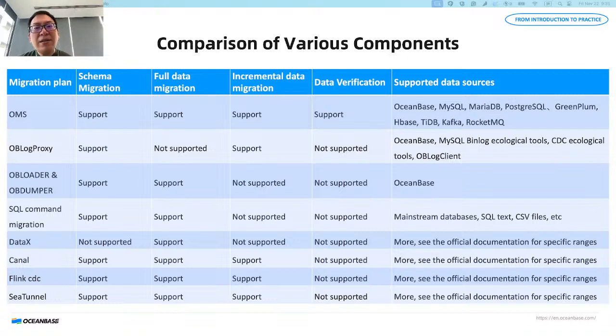We first recommend OMS for data migration and synchronization. If we encounter data sources that OMS does not support, we will consider using other tools for data migration. If we only want to do simple data import and export through the command line, we can also use obloader or obdumper directly.